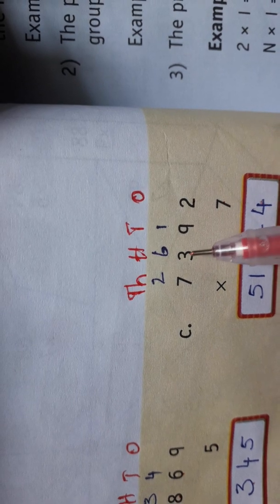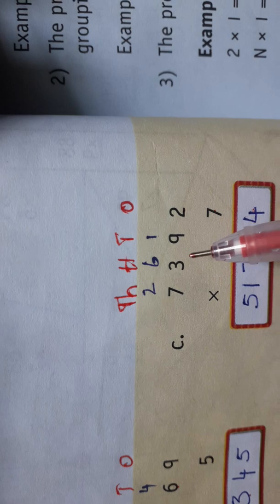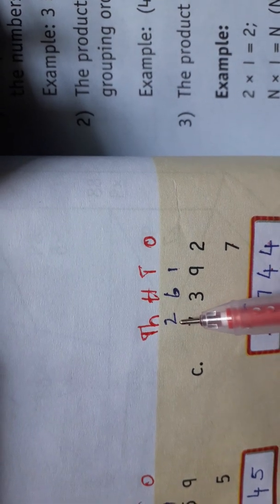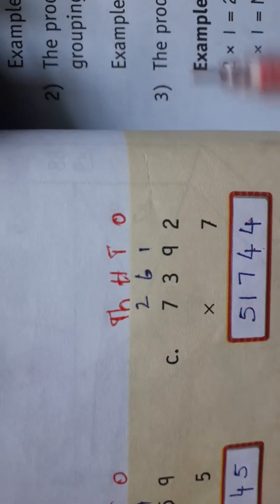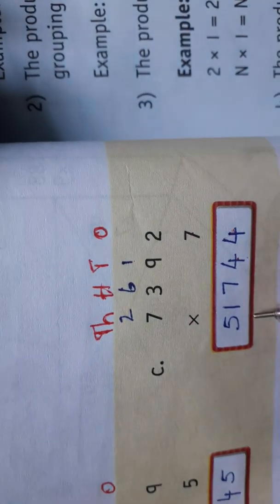Now 7 threes are 21. 21 plus 6 is 27, after 21, 22, 23, 24, 25, 26, 27. So 7 sevens are 49 plus 2, after 49, 50, 51 is the answer.